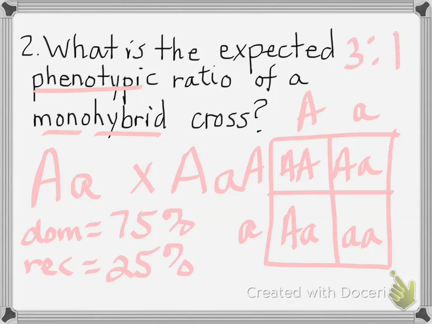Everybody agree 75% to 25% is the same as 3 to 1? Yes? Okay. Monohybrid. So you have to know what that means. Monohybrid means big letter, little letter crossed with big letter, little letter. And you expect a 3 to 1 ratio every time. Doesn't matter what the letter is. You could use the letter P and it would still be the same. Okay.